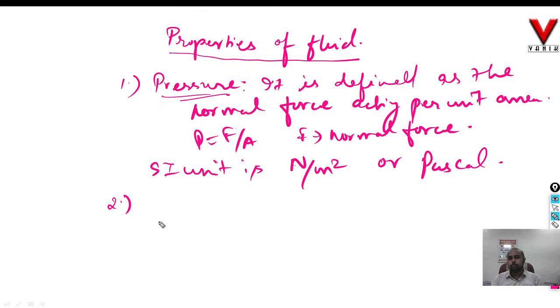Second, related to this pressure, we have Pascal's law.